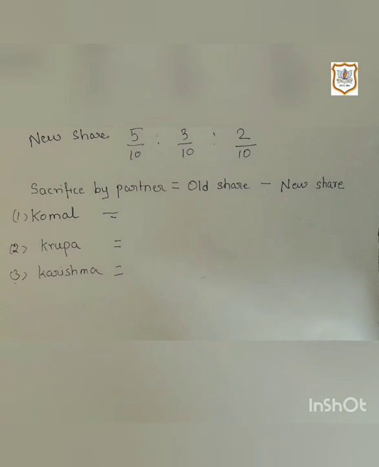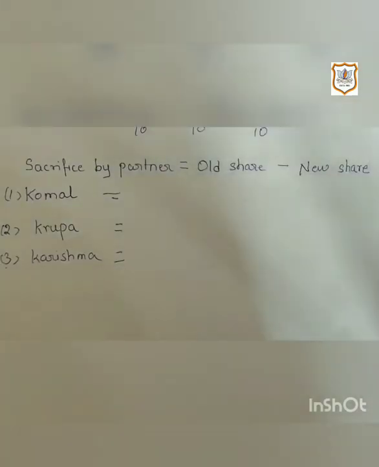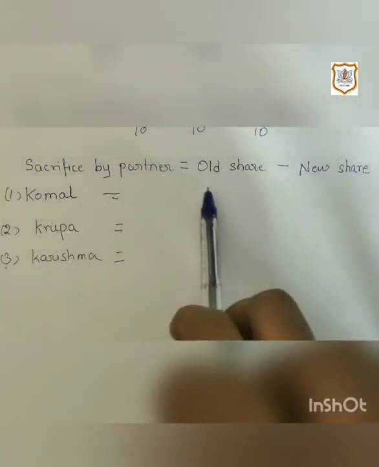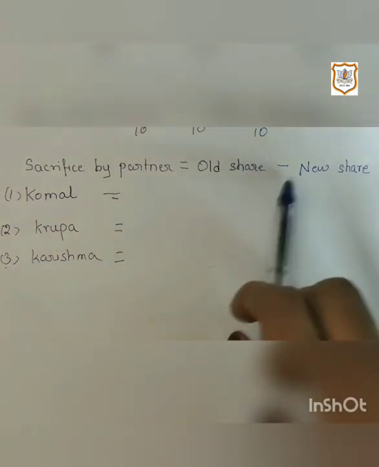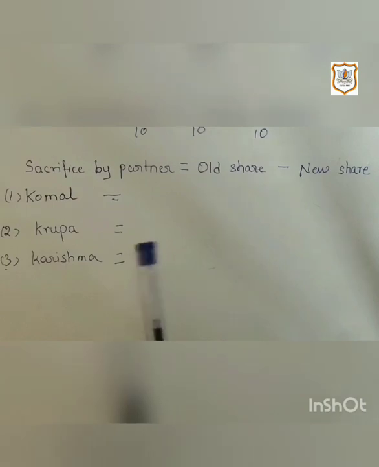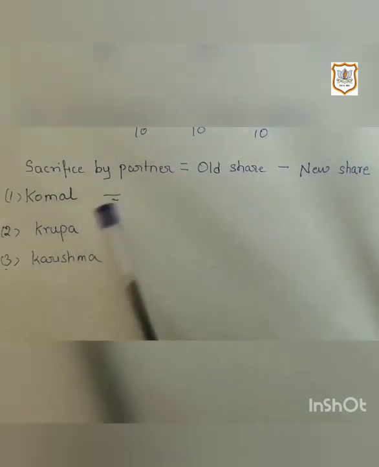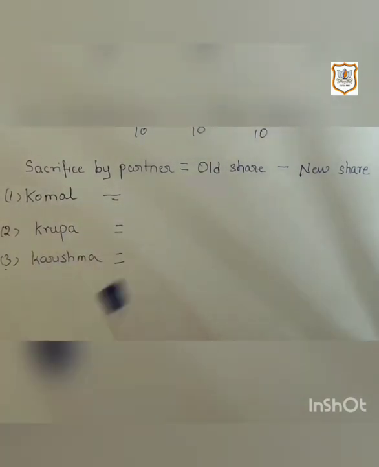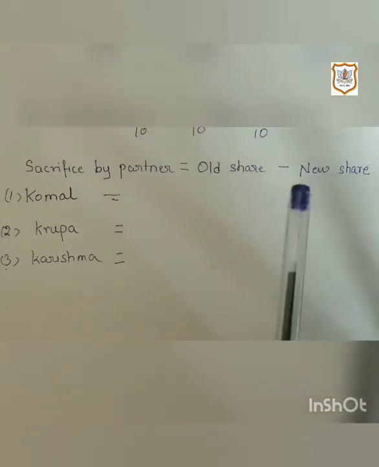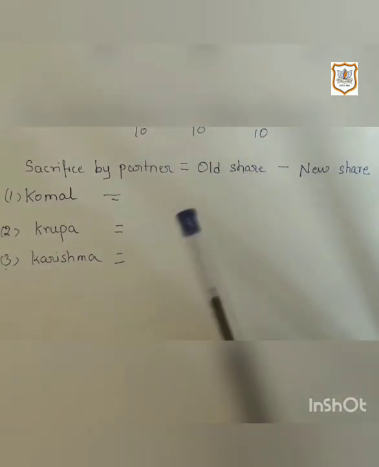Now we will calculate, as asked in the question, how much each partner will sacrifice. So here we will apply the formula of sacrifice ratio, which is equal to old share minus new share. First let us see how much the partner Komal is sacrificing. For that we need to know her old share and new share, which she will be getting in future.